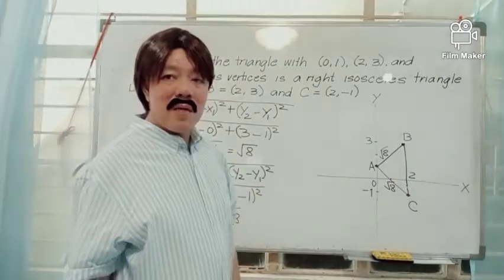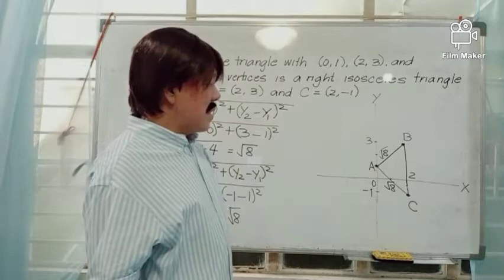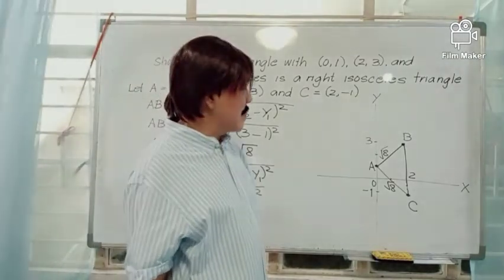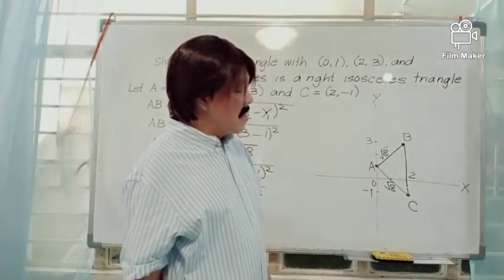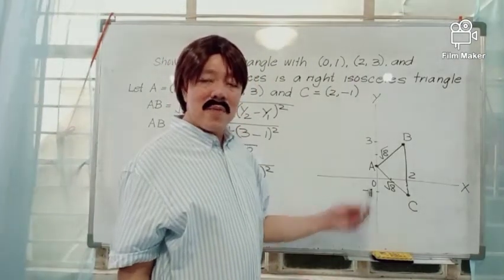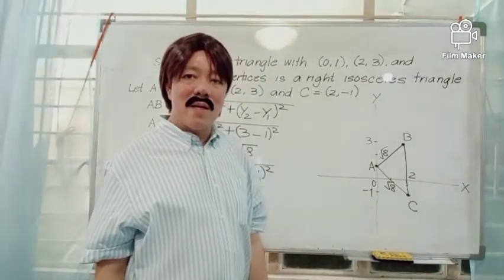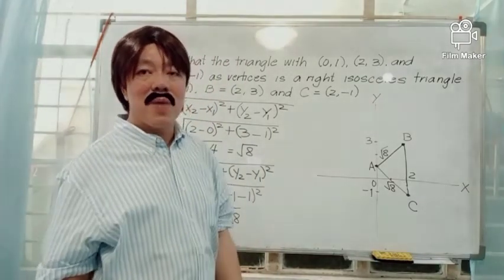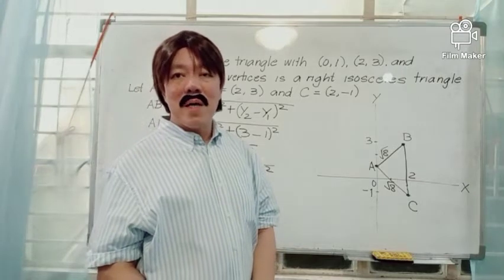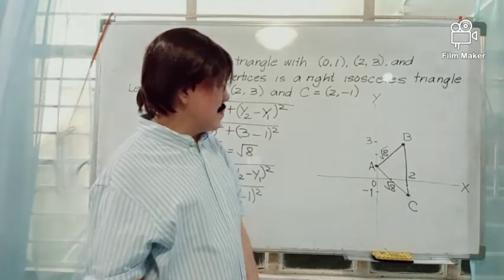Now we will verify the Pythagorean theorem, because if this is a right isosceles triangle, it must satisfy the relationship among the three sides of a right triangle given by the Pythagorean theorem.